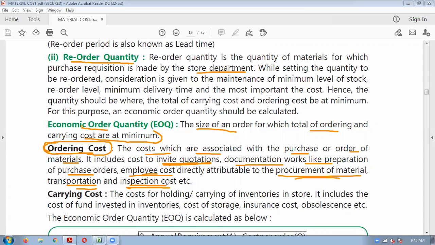So you should appoint a quality inspector also, who will inspect. All this will be clubbed together and called ordering cost.